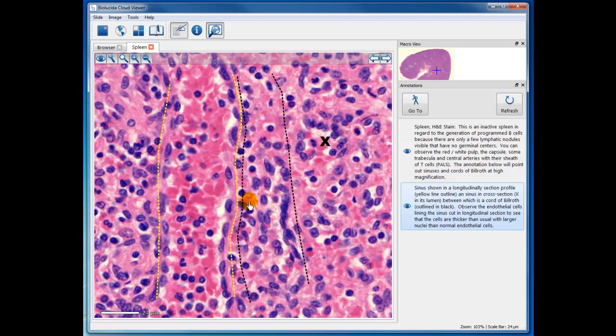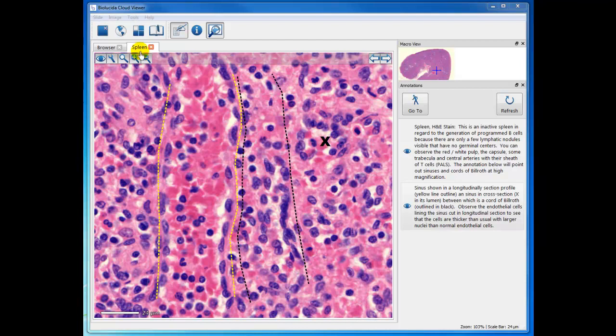And then out here is an X showing a cross section of a sinusoid, and this tissue here and over here are the cords of Billroth, where there's a population of macrophages that attack old or defective red blood cells. Recall that the red blood cell average life span is 120 days.